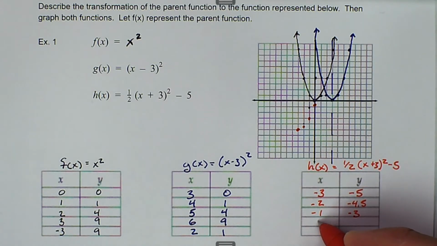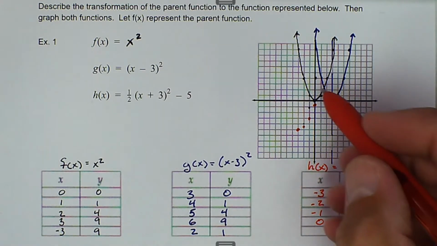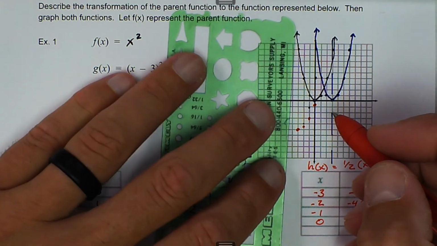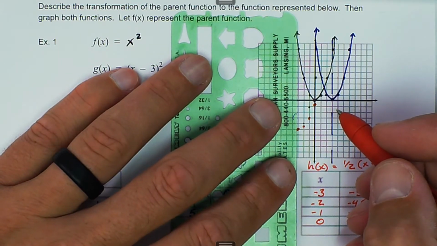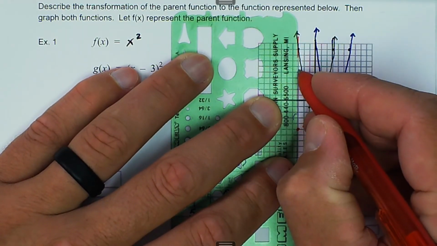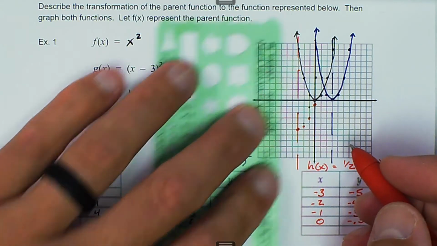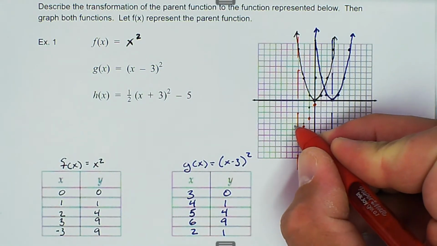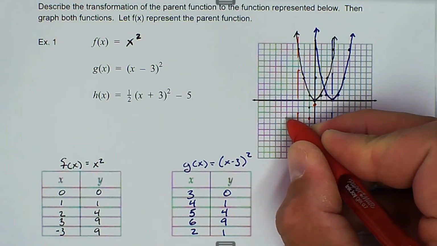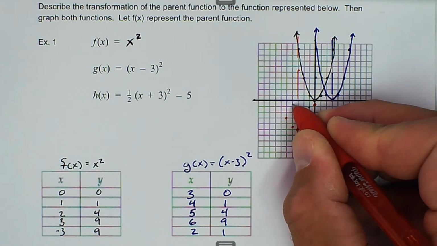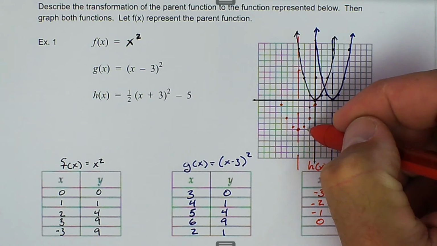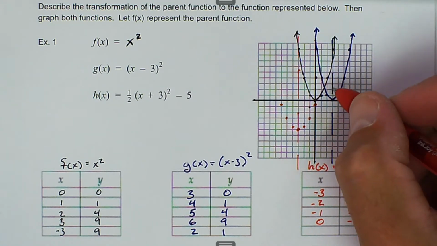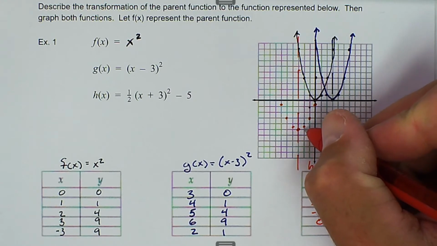And then we have 0, negative 0.5. And then, using our parabola here, we know that because it's got symmetry, we can graph the other side. So 1 over 2, over 3. And if we want to do 4, over 4 up 16 would normally be it. But now we just want to go up 8.